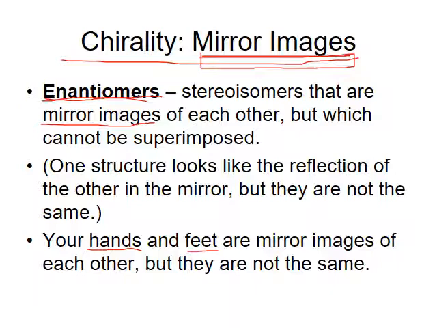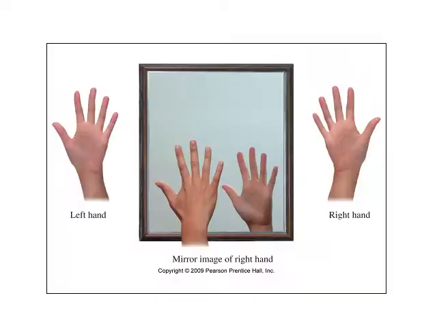But if you put your right hand in the mirror, all of a sudden you've got your left hand. So in a sense, your right hand is an enantiomer, a mirror image of your left hand. And molecules are like that as well. Just like this diagram here: you have your left hand, you have your right hand, and you can see they're different, but you put them in the mirror and it looks like they're the same.